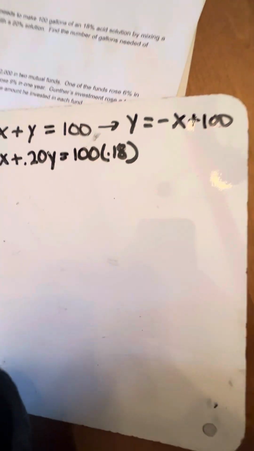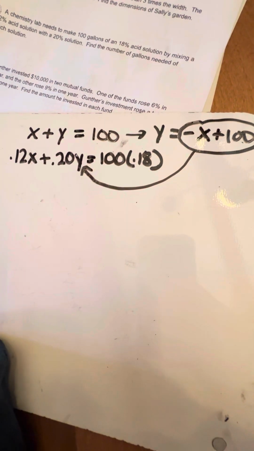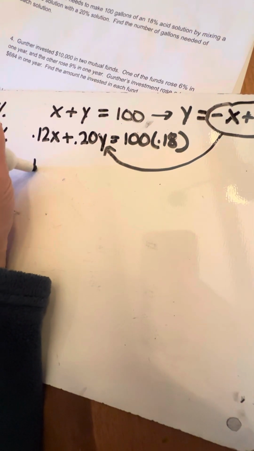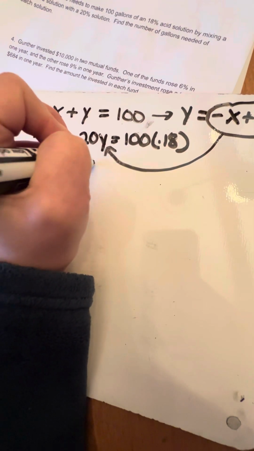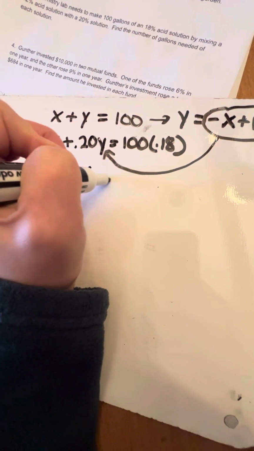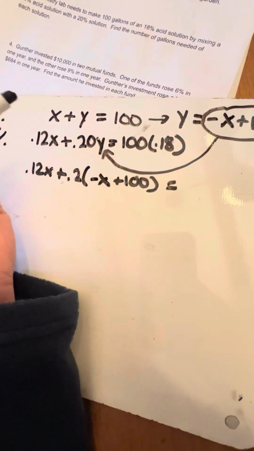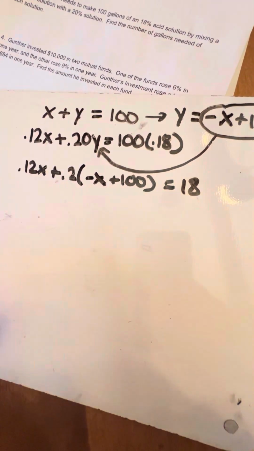And now I'm ready to start my next part of the problem, which is to substitute this piece right here over here where y is, because that's what it's telling me. And we're going to pop that in there. And so we're going to do 0.12x plus 0.20, and then we're going to put that part that we just said was going to replace the y, because that is what y is. And then here, I'm just going to do that little simplification, so we're going to end up with 18.